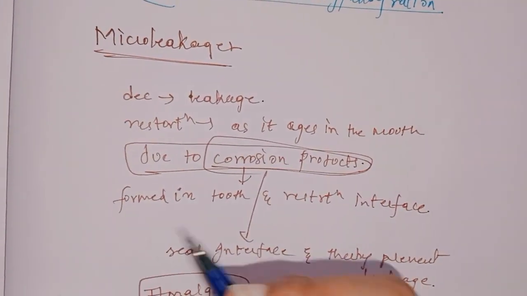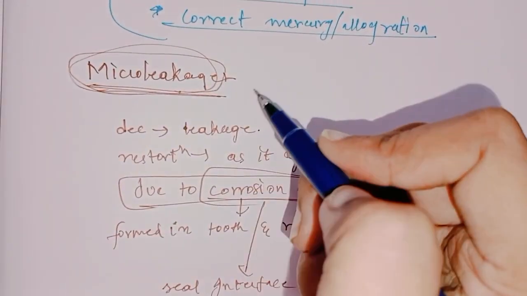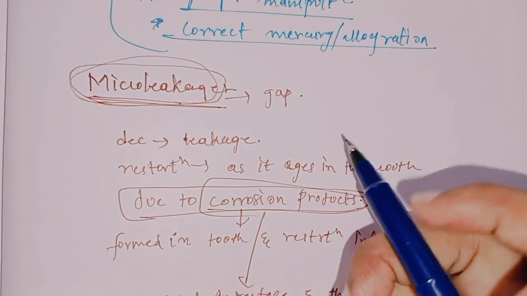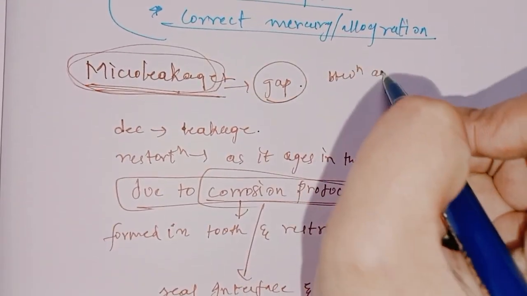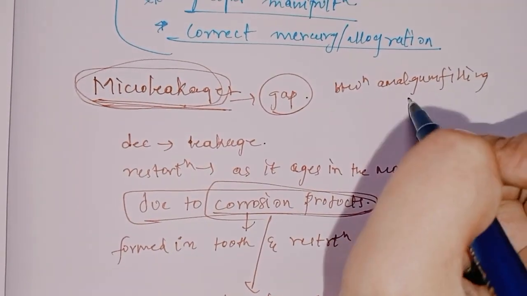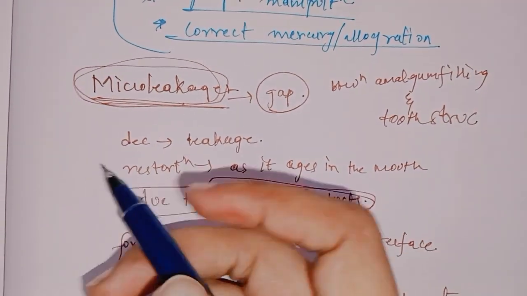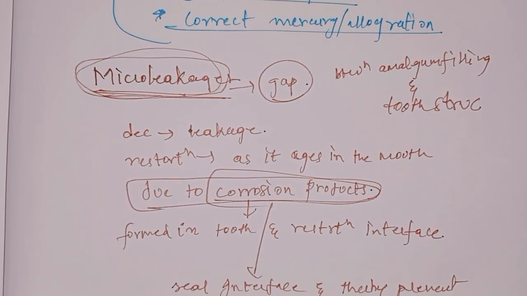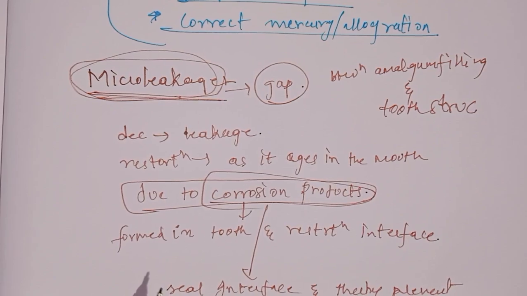See, microleakage is actually a gap that forms between the amalgam filling and the tooth structure. Dental amalgam has a tendency to minimize marginal leakage. The small amount of leakage under amalgam restorations is unique.